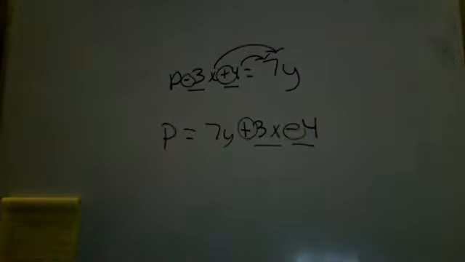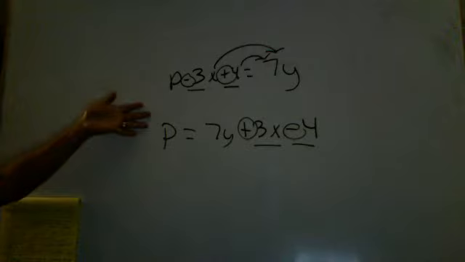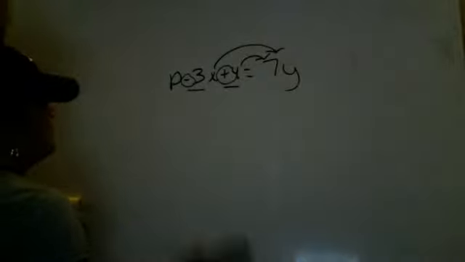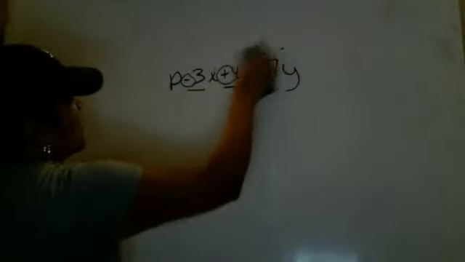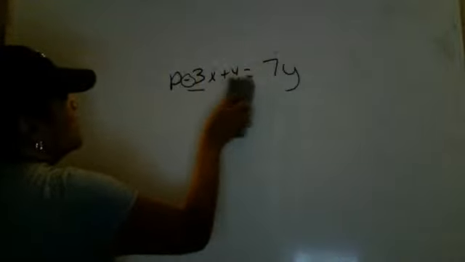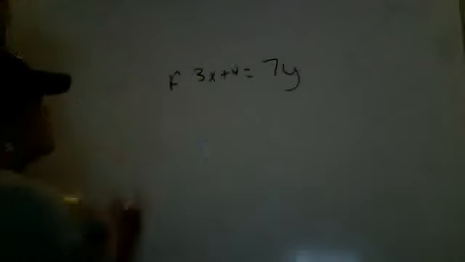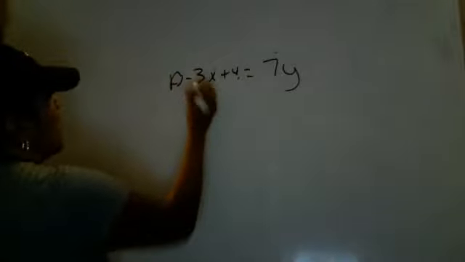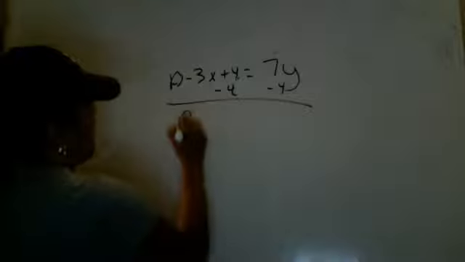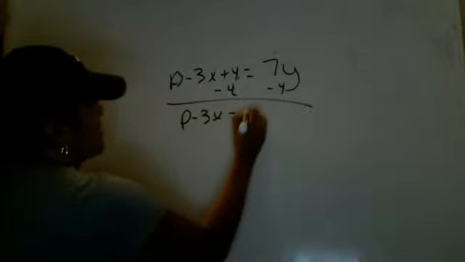It's simply its opposite. That's all it is, and you can use this method when you're solving equations, or you could use the long method. First thing I'm going to do is subtract 4 from both sides. So p minus 3x equals 7y minus 4.